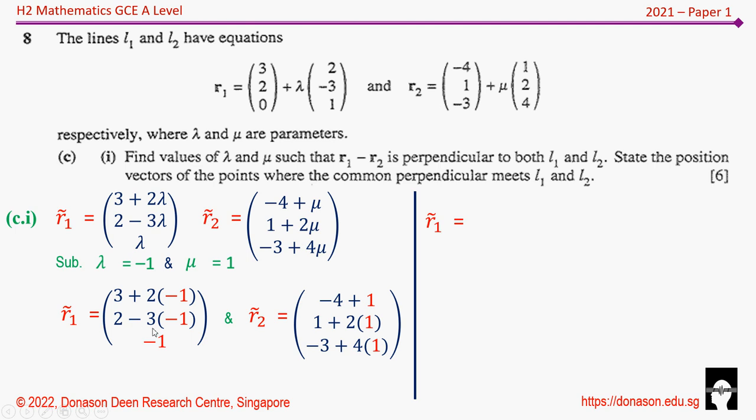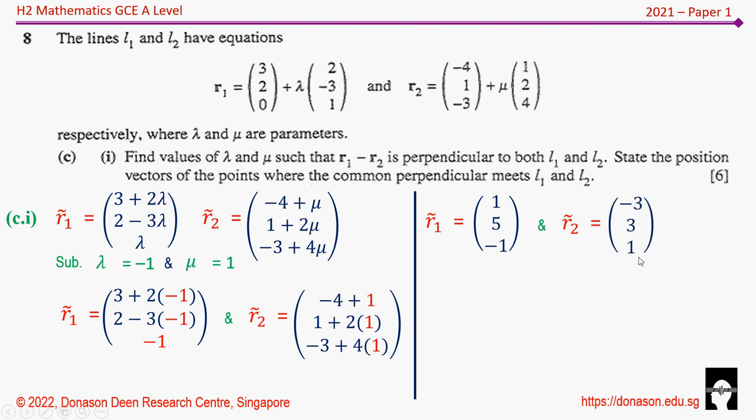So of course we can simplify this. 3 minus 2 is going to be a 1, and then this part is going to be another +3, 2 plus 3 is a 5, and -1. And how about R2? R2 is -4 plus 1, which is going to become -3. 1 plus 2 is going to become 3, and -3 plus 4 is going to give you a 1.